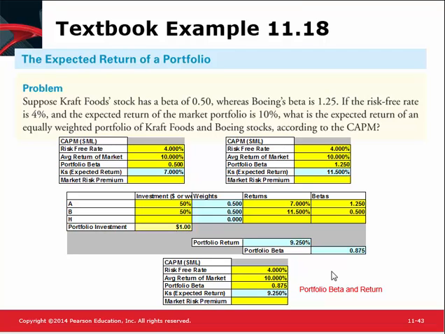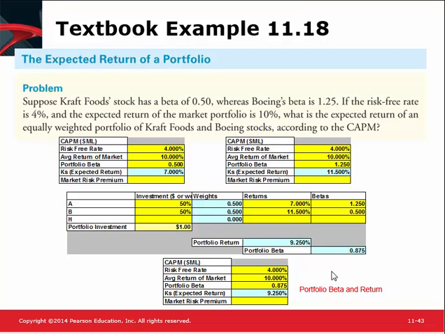So it seems theoretically that if you know the betas, if you know the returns on the stocks, then ultimately we can calculate the expected returns from portfolios and from individual securities.